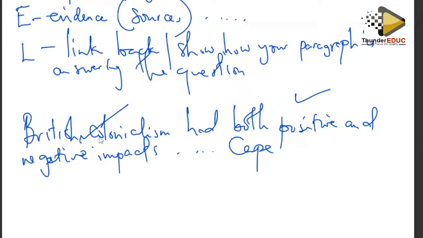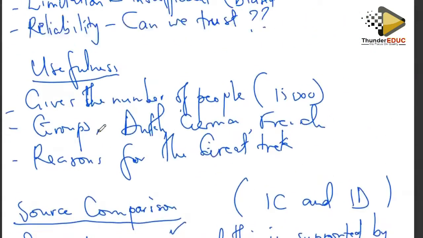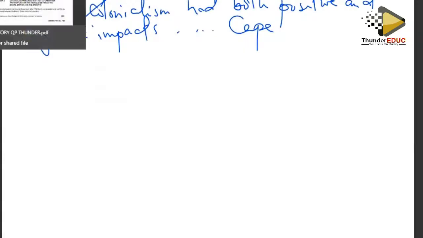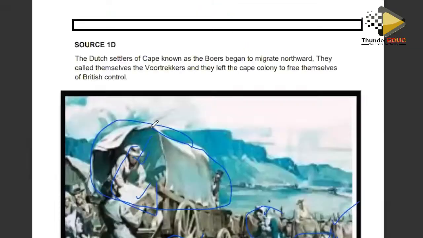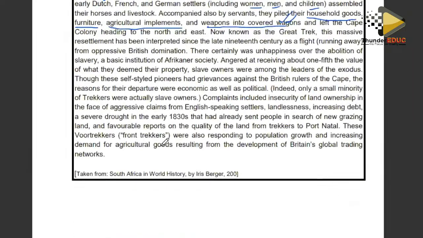Then you go now to find evidence in the sources. And you quote. You find evidence in the source. You must not copy the evidence. Rephrase. What you must take from the source is the idea and not to copy.